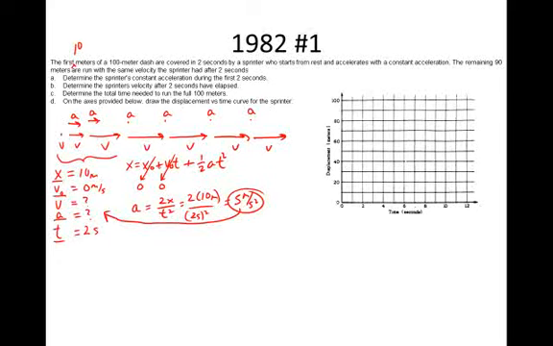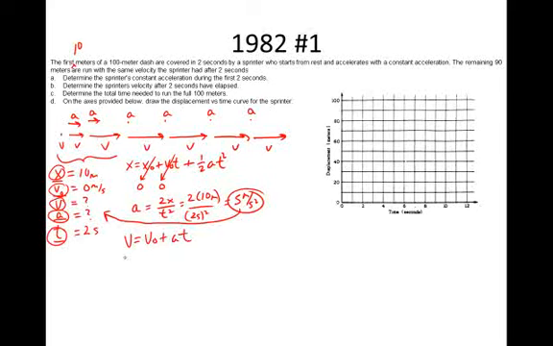Part B asks us to determine the velocity after 2 seconds have elapsed. So now in this case, we know the acceleration, the time, the initial velocity, and the final position. We're just looking for the final velocity. So the equation we could use is V equals V initial plus AT.